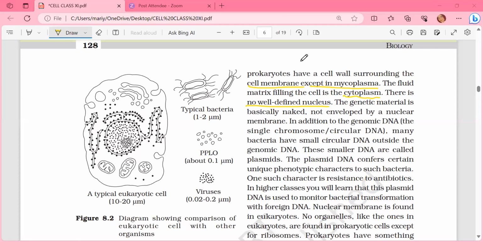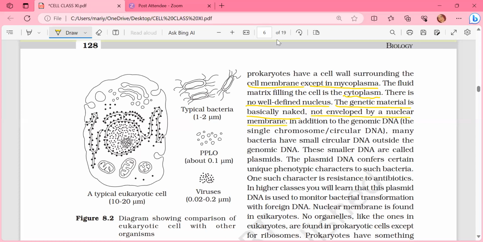So if the membrane is not present around the nucleus, it means that the content of the nucleus is not protected by a membrane, and it is basically naked. Naked meaning it is lying like that in the cell without any cover. The content of the nucleus is the genetic material, and it is not enveloped by a nuclear membrane.